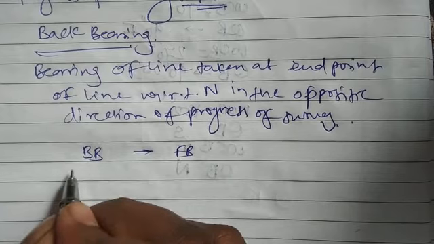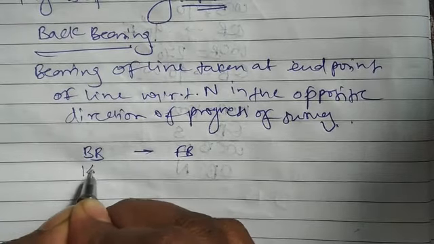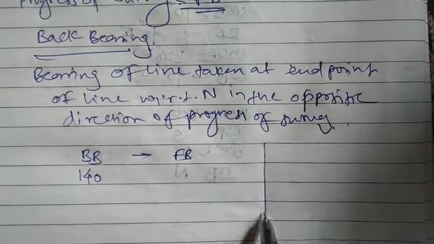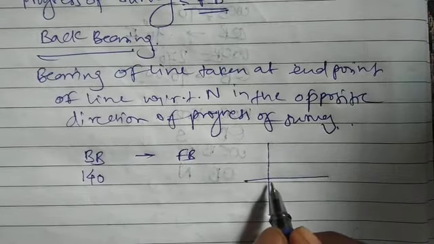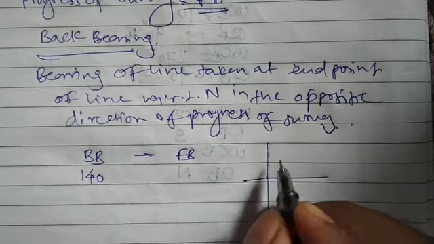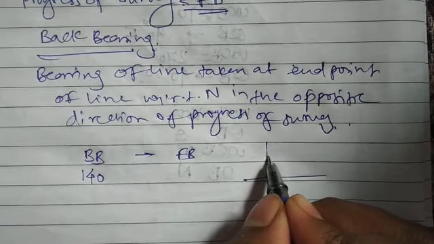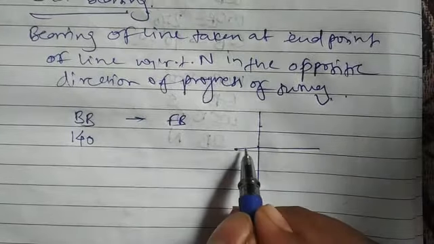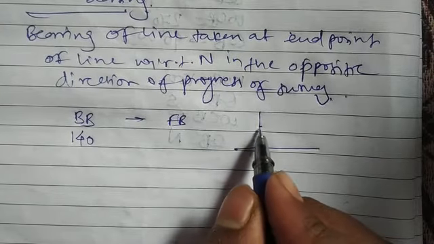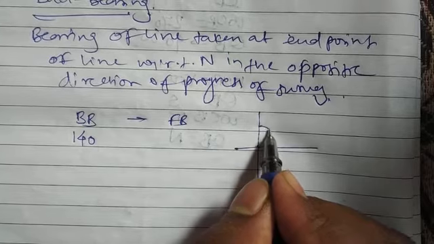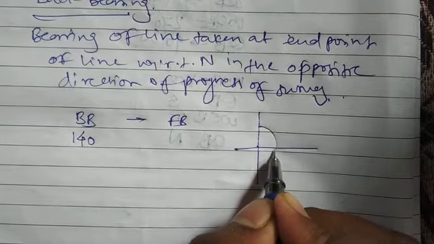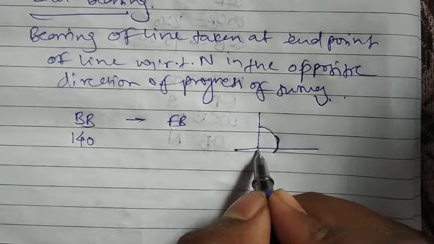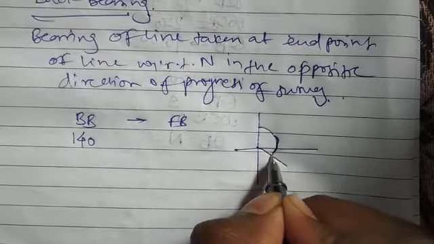Okay, if the back bearing of the line is 140 degree, so we'll draw that line. 140 degree is the back bearing of the line. This will be in the second quadrant.